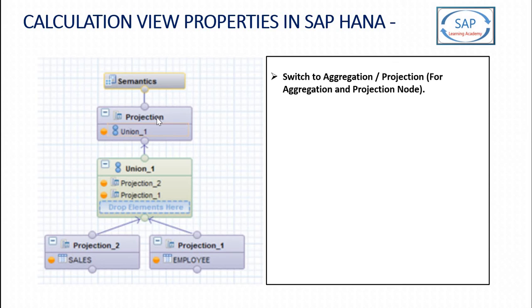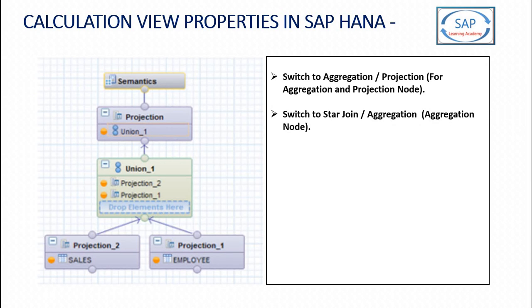You no need to create a new calculation view here. You just simply right click on it and you will find an option to switch to aggregation. Then your projection node will be changed to aggregation. Similar to that, if you have some aggregation node, you can right click and change to projection node. That's a very important feature.